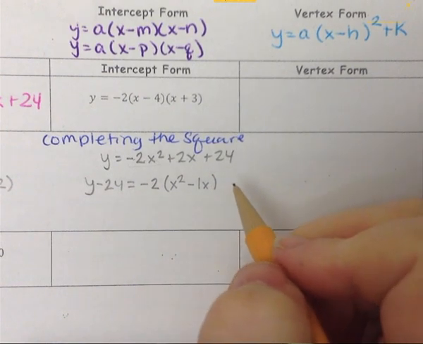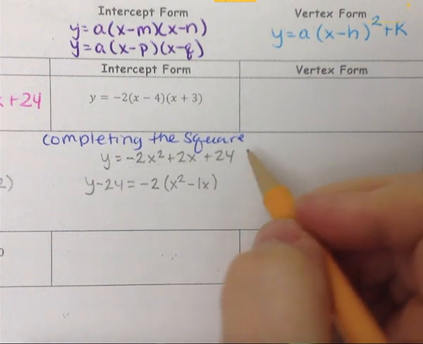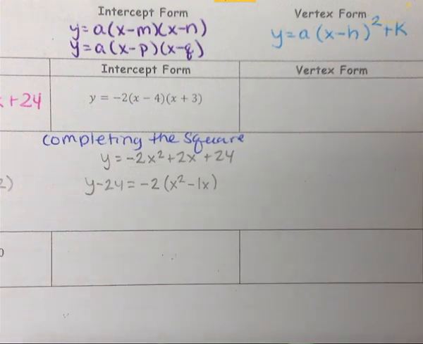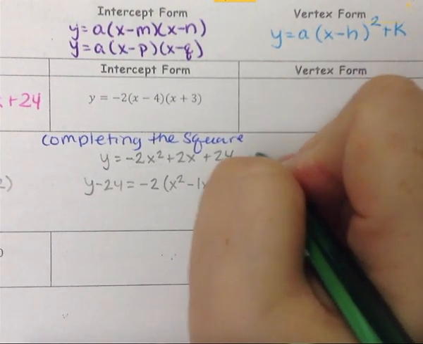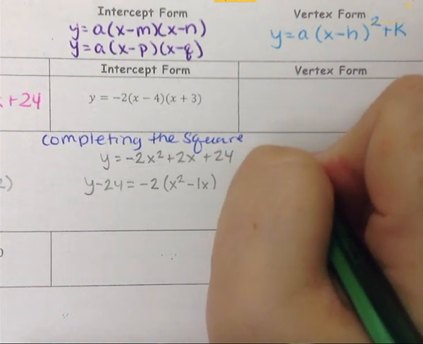Now is when we create that perfect square trinomial. To create a perfect square trinomial, I have to take half of b and I have to square it. So my b value right now is negative 1. I'm going to take half of that and then I'm going to square it.